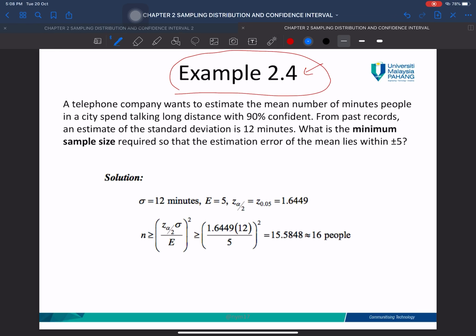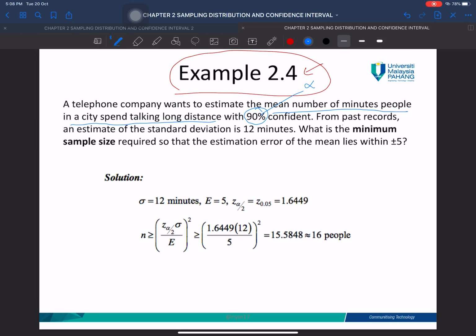So a telephone company wants to estimate mean number of minutes people in a city spend talking long distance with 90% confident. So you have the confidence level here. Automatically you know what is alpha.